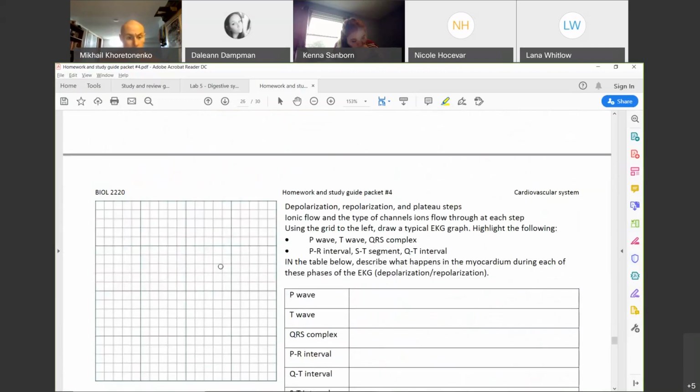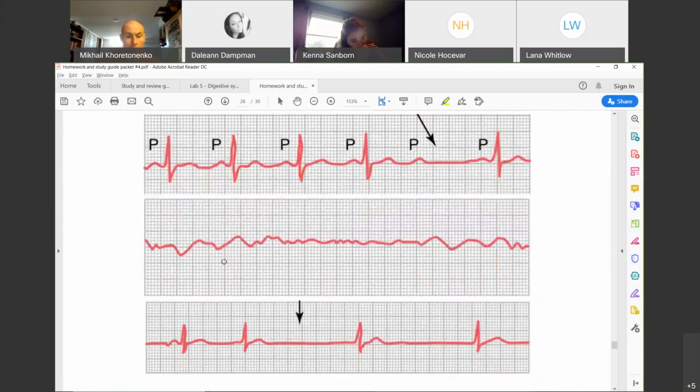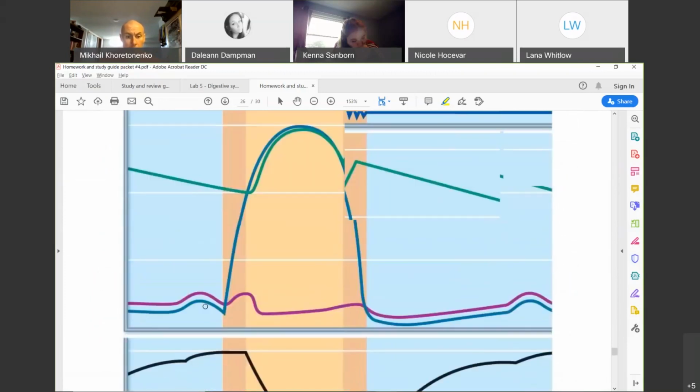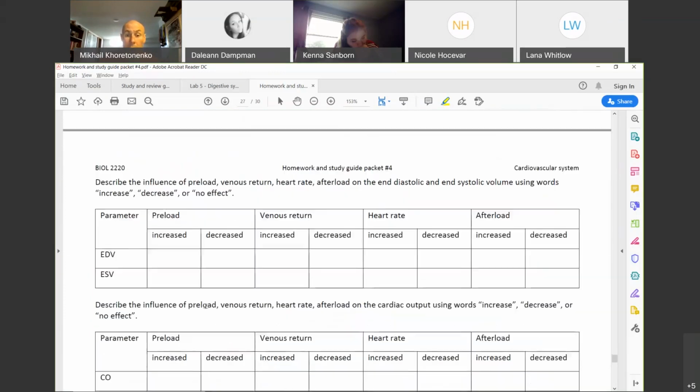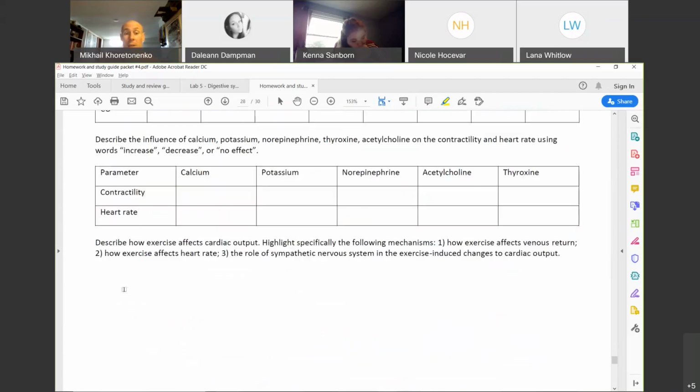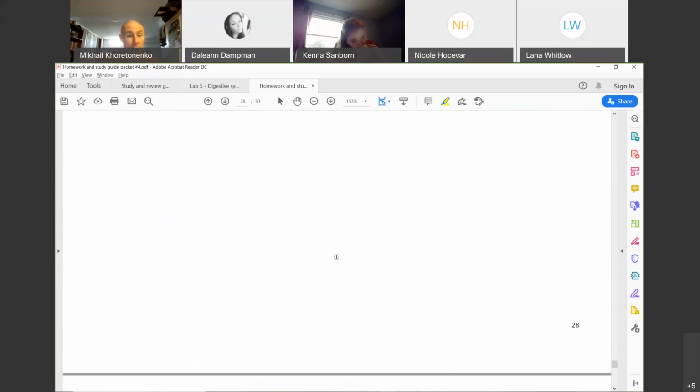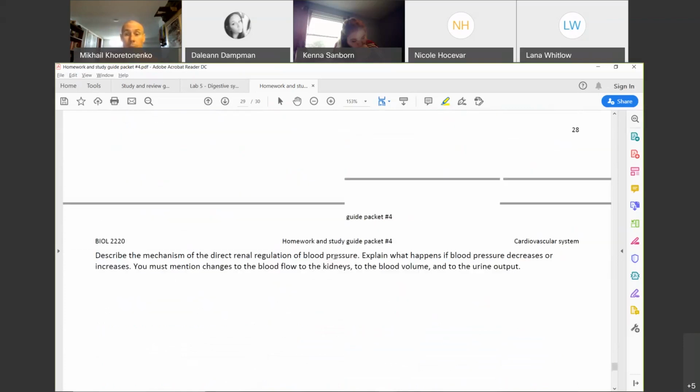This one is for studying for EKG, labeling if any waves are missing. That's your cardiac cycle. And this one is a pretty good review of what happens to EDV and ESV to fill out and check yourself. Okay, we went over this stuff already pretty well.